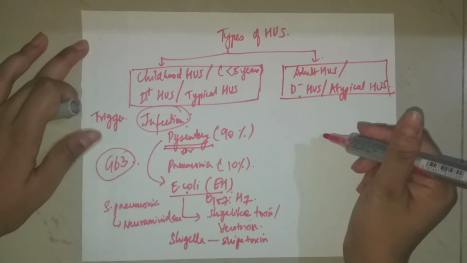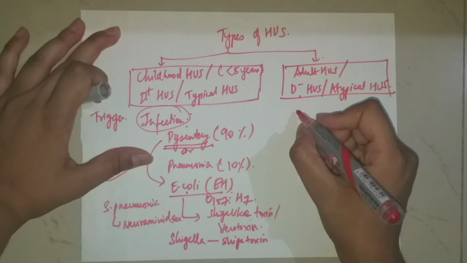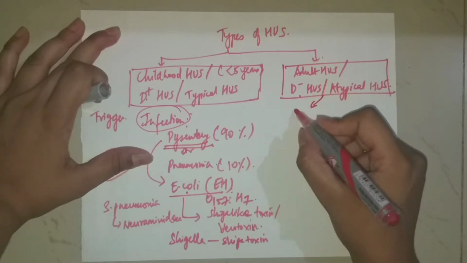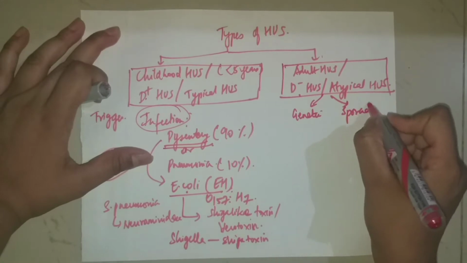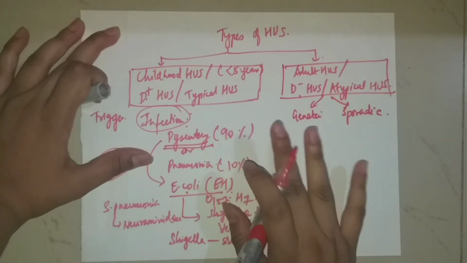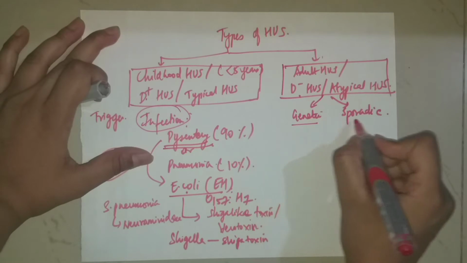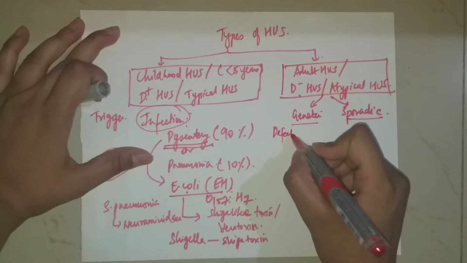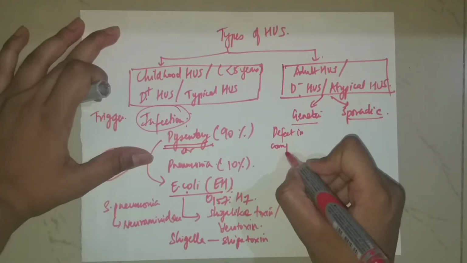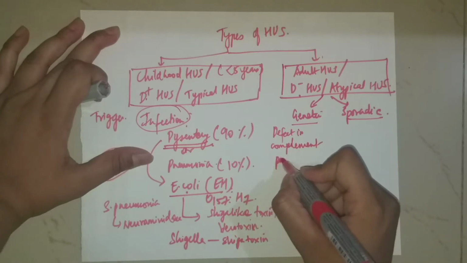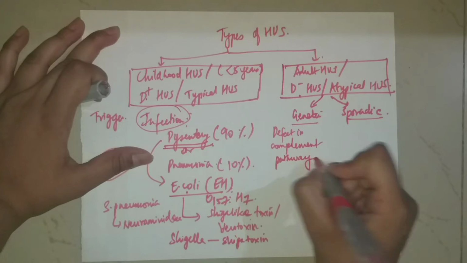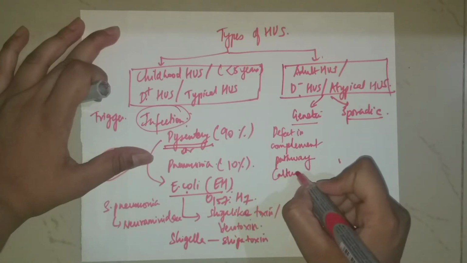Now we'll go to adult HUS. The trigger for adult is mostly either genetic or sporadic. Now in genetic, there might be some defect in the complement pathway, that is the alternate complement pathway mainly.